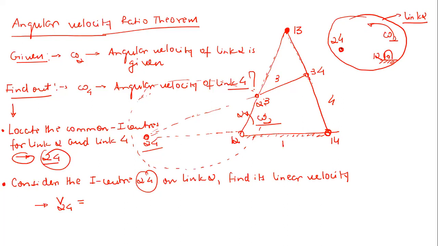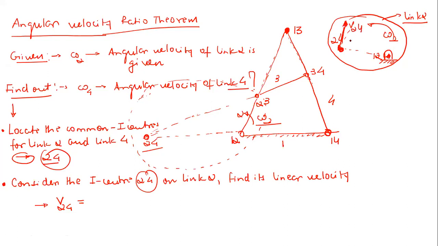Now it's very easy to guess how to find out the linear velocity of this. Omega 2 into link 24 minus 1. Yeah, so now it's very easy. This is simply V equal to R omega. Since this flat disk, link 2, is going to rotate about this particular point, just join this with a straight line and this will be your velocity vector.